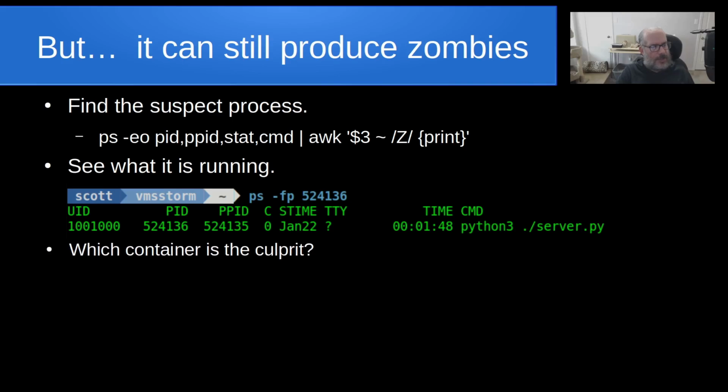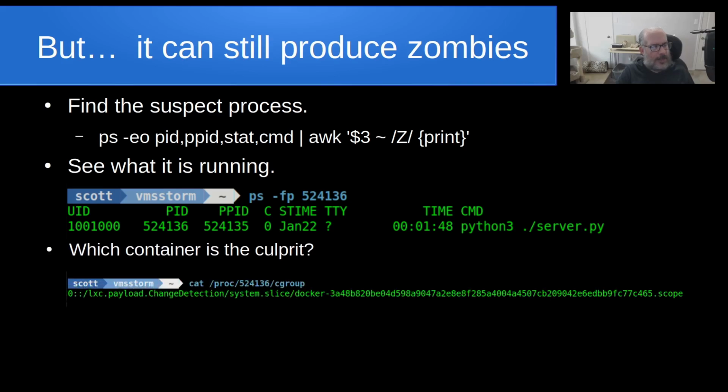And then which container is the culprit? Well, we do a cat on /proc/ and then we put the process ID of the zombie, and then /cgroup. And here it called out the fact that it is looking at a Docker container, and that Docker container is running under Linux containers, which really means Incus, and it's coming from an Incus container called change detection.